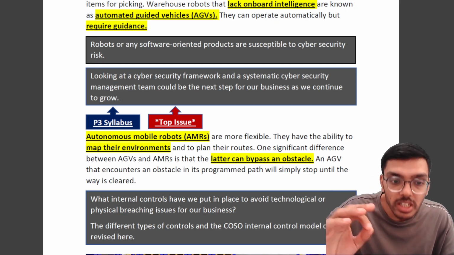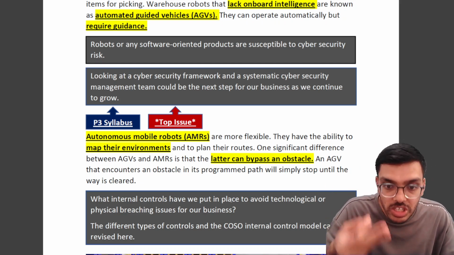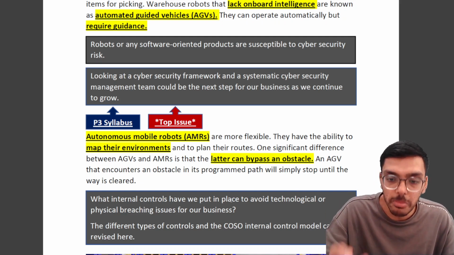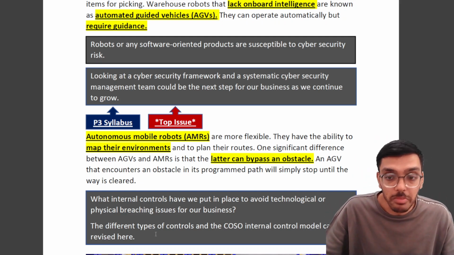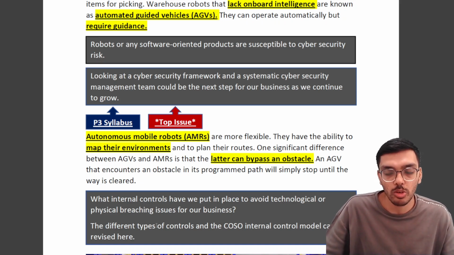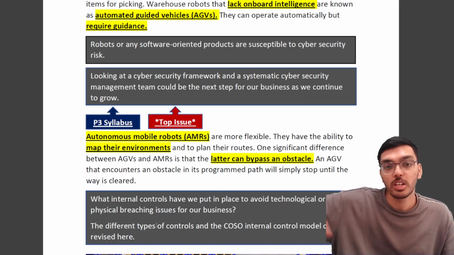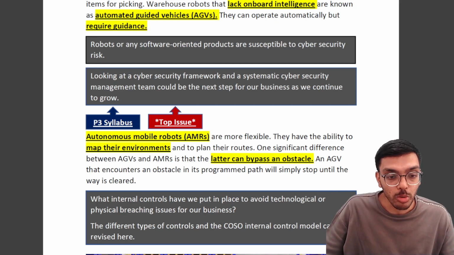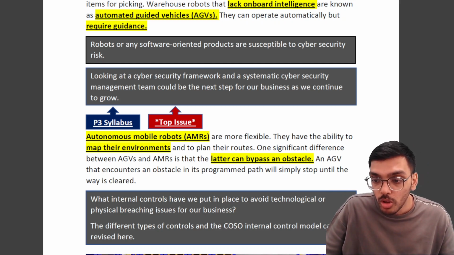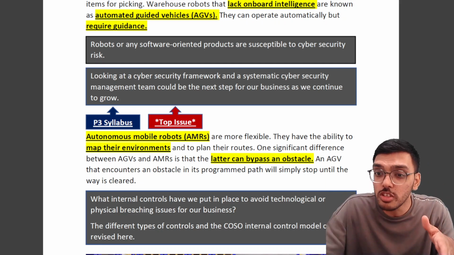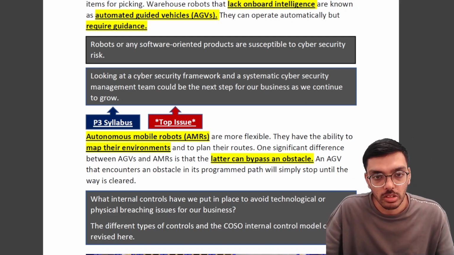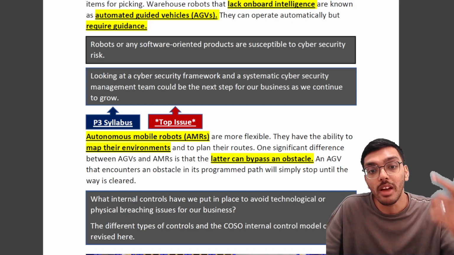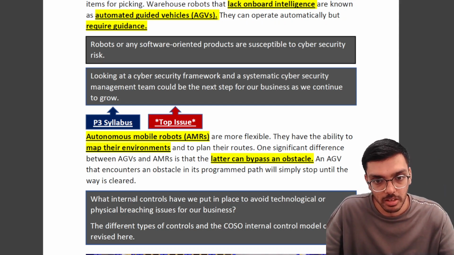So the different types of controls, internal controls, which can be put in place, and the COSO model of internal control is something that you can have revised over here in your mind. So when we start speaking about Robobryce, you already know that, okay, this is the model, but this is what my company is doing. You'll be able to make that relation. So right now itself, you should have revised this particular aspect.